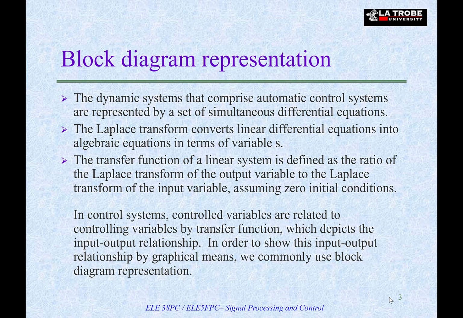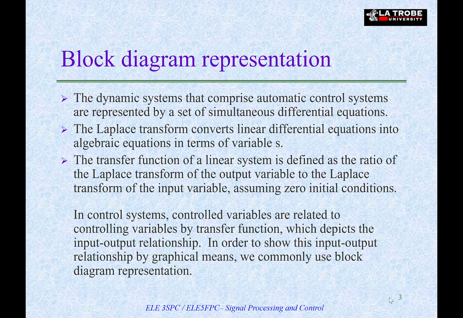We have learned in the previous lecture that to model a physical control system, we can write out a set of differential equations. The best way to deal with differential equations is to use the Laplace transform in the context of control systems, because the Laplace transform converts differential equations into algebraic equations.